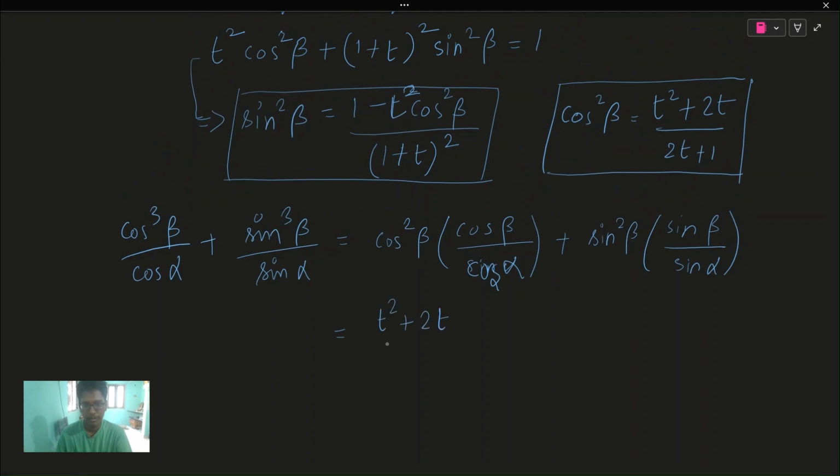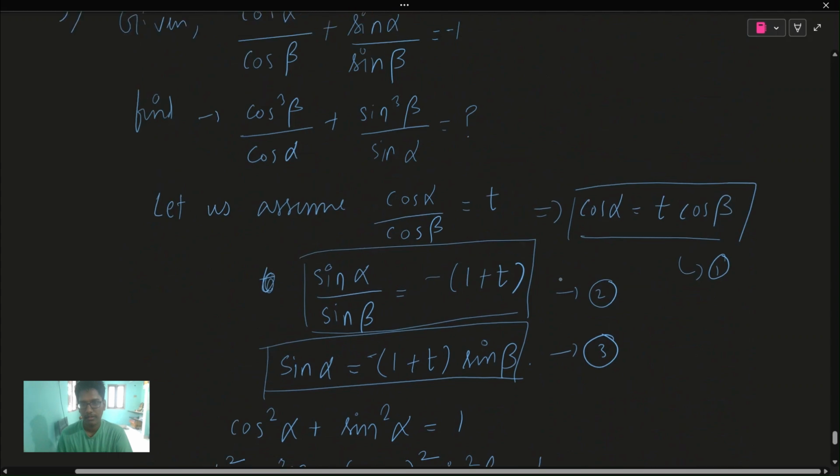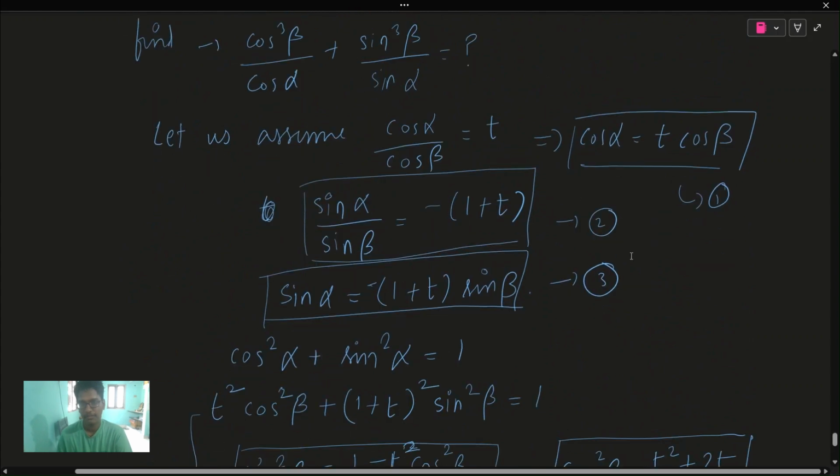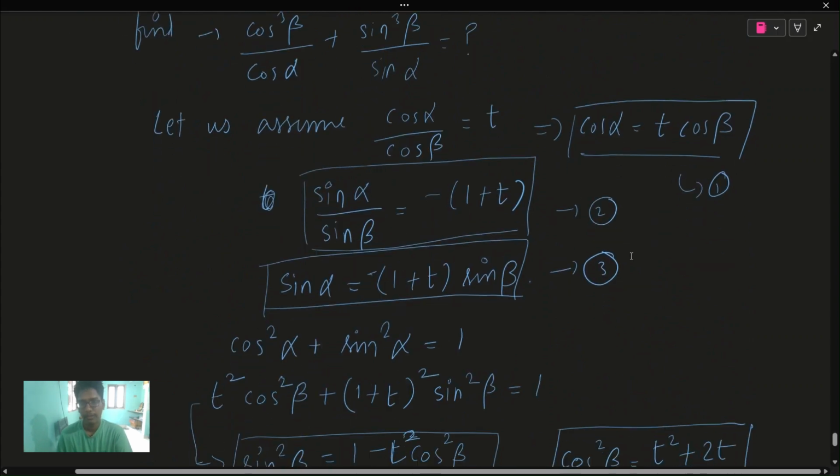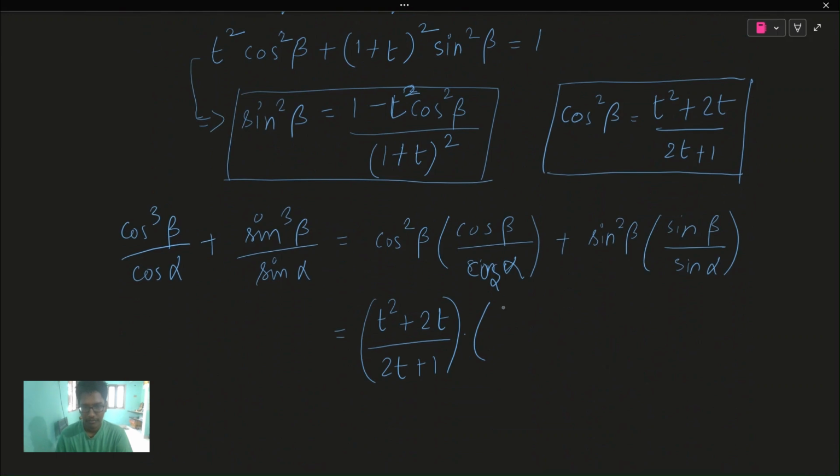Now we can substitute these two different equations, and you get t square plus 2t divided by 2t plus 1. Okay. Cos beta by cos alpha would give me 1 by t, and sine square beta is 1 minus t square divided by cos square beta.